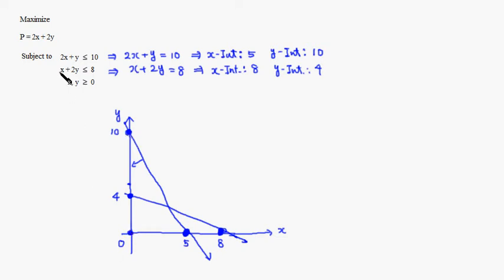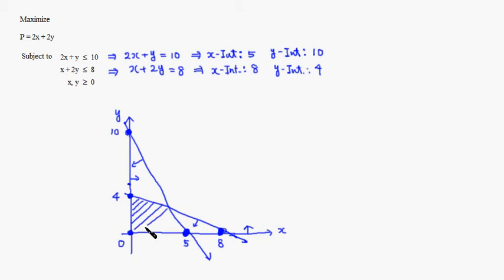Same deal for the second: 0 plus 2 times 0 is certainly less than 8, so we pick the half plane that contains 0, which is the lower half plane. The non-negative constraint is easy. It's telling you that it's going to be the first quadrant, above the x-axis and to the right of the y-axis. So we can see that this is the feasible region.